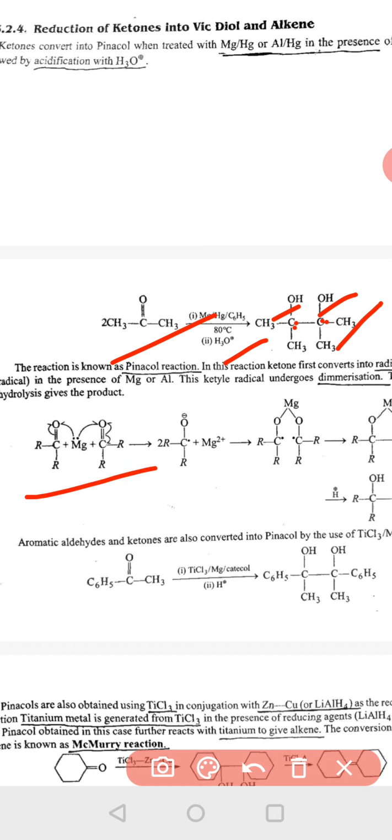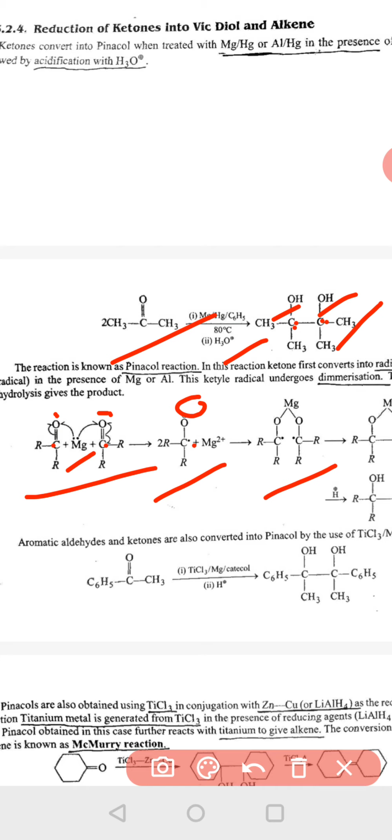In the first step, homolytic fission of the pi bond occurs between C and O on both the molecules of acetone or ketone. One electron from magnesium goes to both the oxygens, giving an oxygen free radical, and it converts into an anion. This is the radical anion, with a carbon free radical and a minus charge on oxygen.